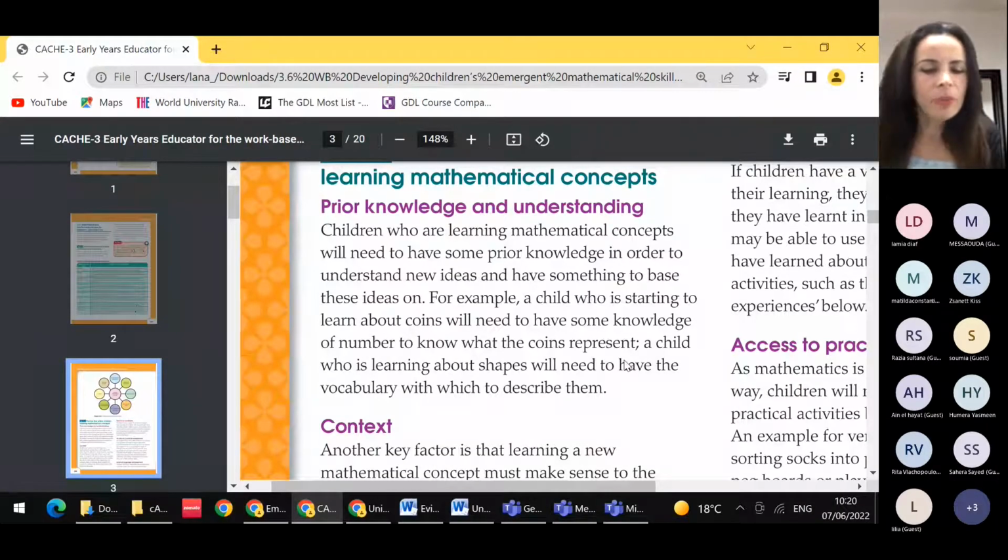For example, here we have an example from the book. The child who is starting to learn about coins. When they are young, maybe they don't know anything about money, but slowly they will start understanding. To understand the money, the coins, if you put two together, what does it mean?